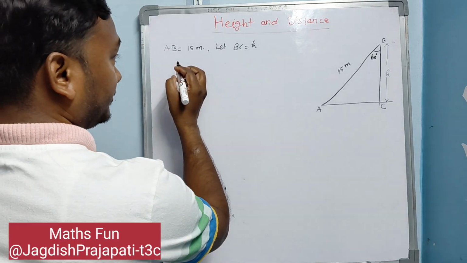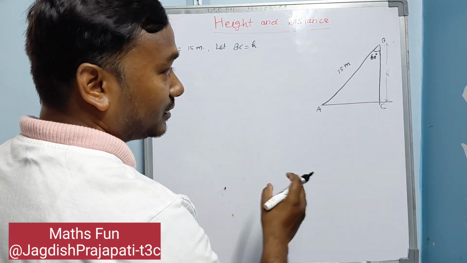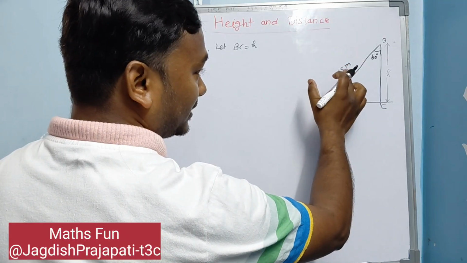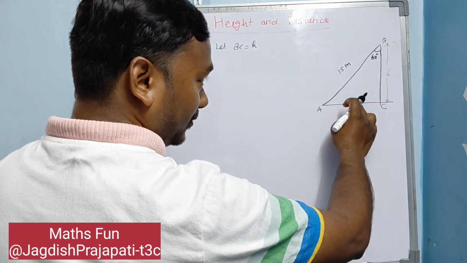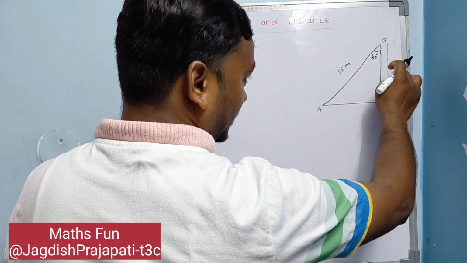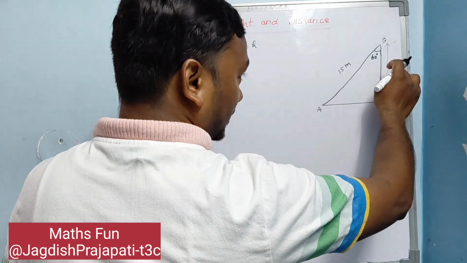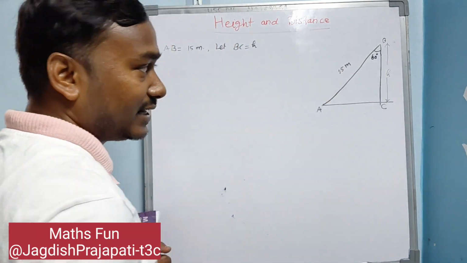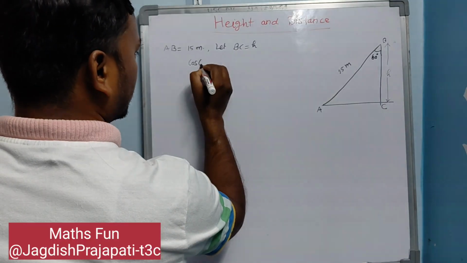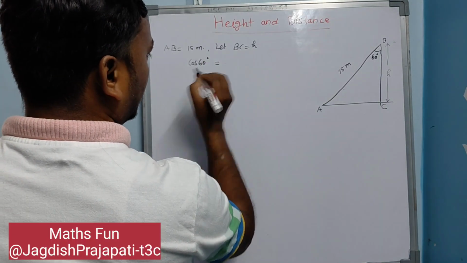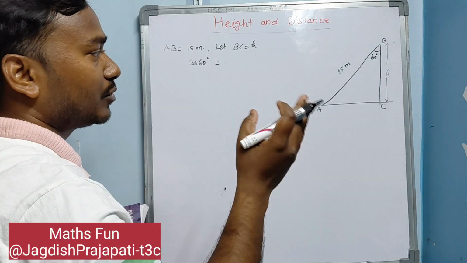So for this angle, we want to find the relation between this and this. So for this angle, this is perpendicular and this will be base. So base and perpendicular is related with cos theta. So cos 60 degree equal to, you have to write one more line.